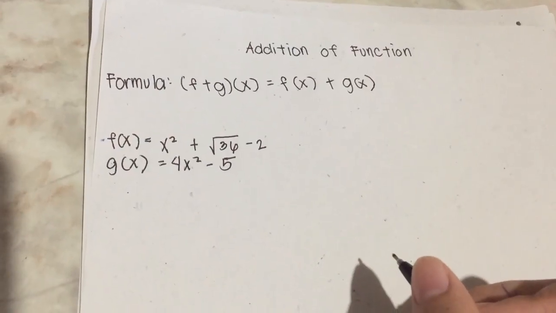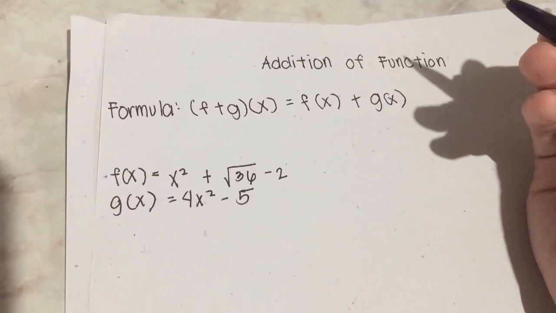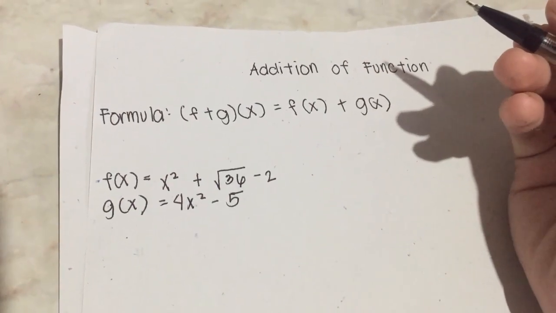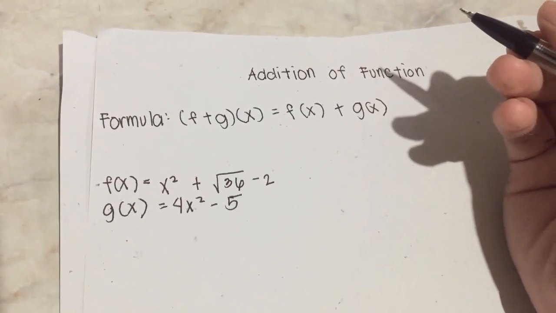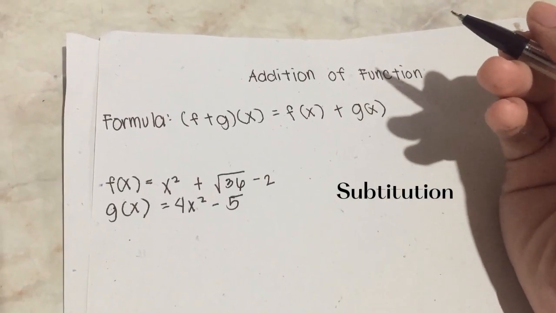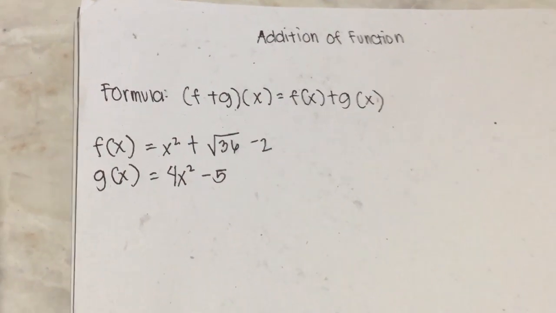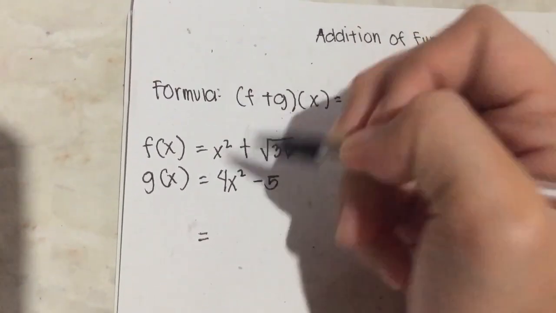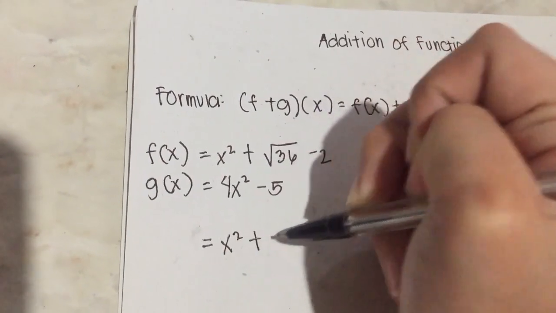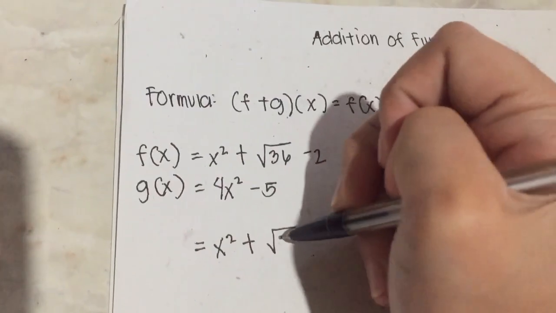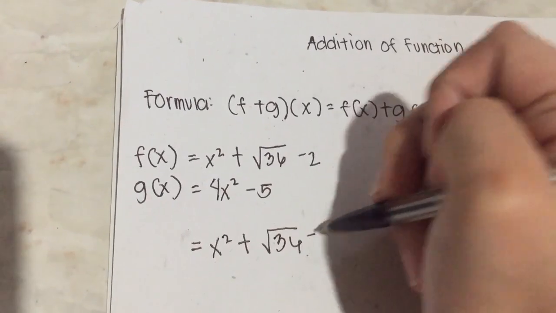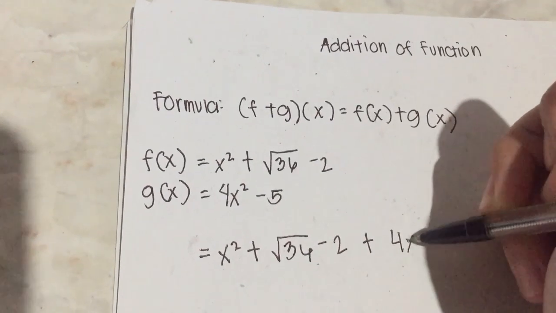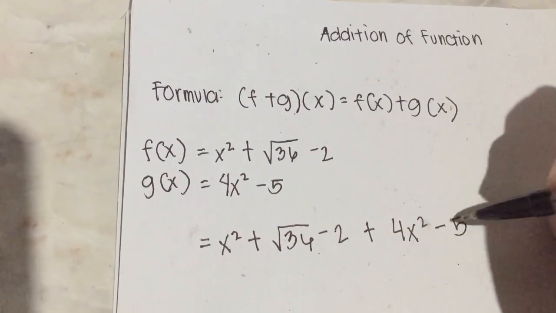Now let's try this equation. In order for us to solve the equation, we need to do the first step, and that is substitution. Okay, so this will become x squared plus the square root of 36 minus 2 plus 4x squared minus 5.